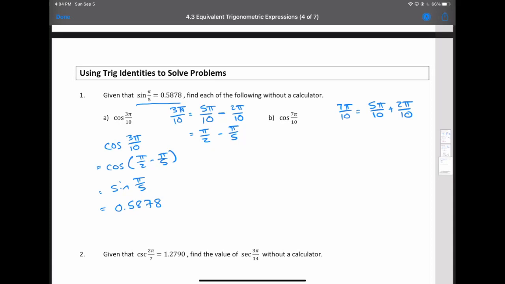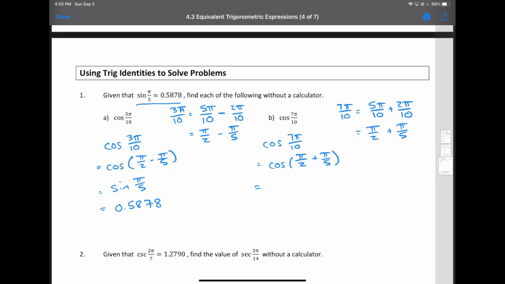And pi over 2 as an equivalent fraction with a denominator of 10 is 5 pi over 10. Okay, so that's pi over 2 plus pi over 5. So cos 7 pi over 10 is the same thing as cos of pi over 2 plus pi over 5.